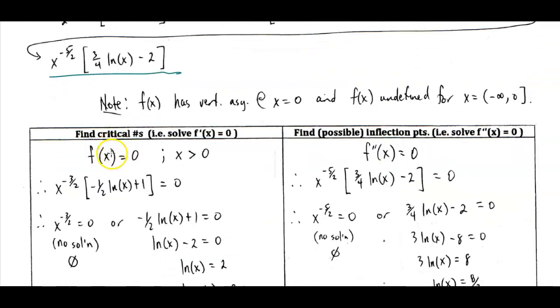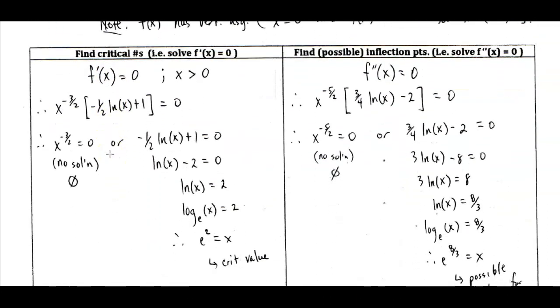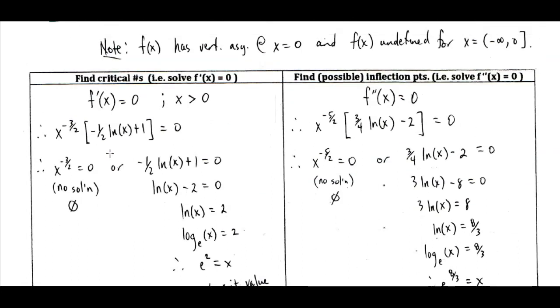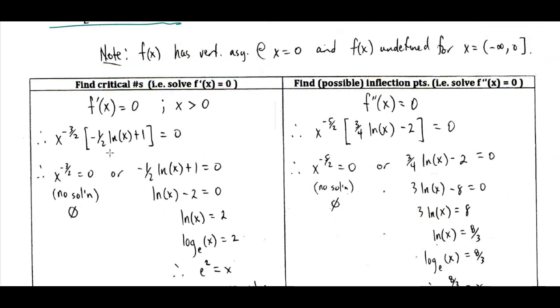All right, so we take the first derivative and second derivative. We're going to set them equal to 0 in this case. We already know the instances to where the derivative is going to not exist. And of course, that's going to be for any value of x that is 0 or negative. So we don't have to worry about that since we're only dealing with x values that are positive.